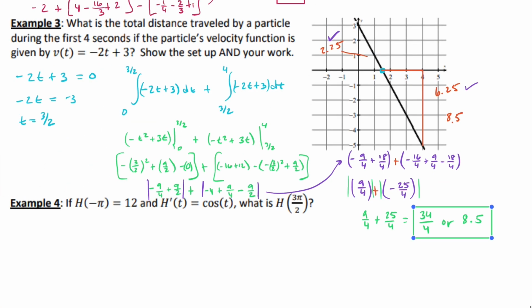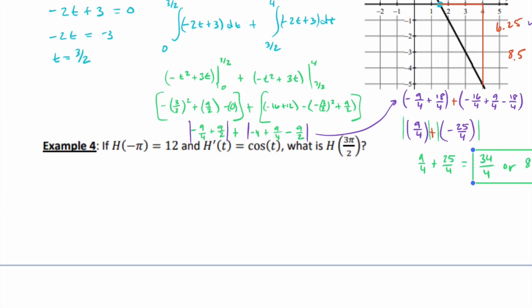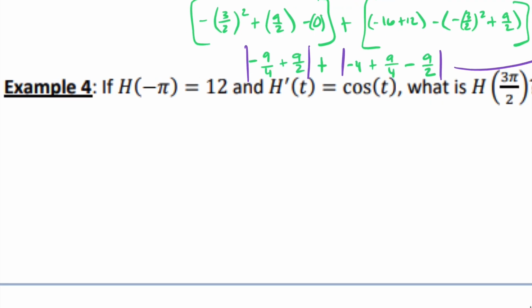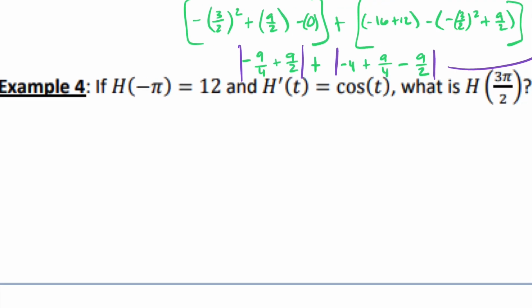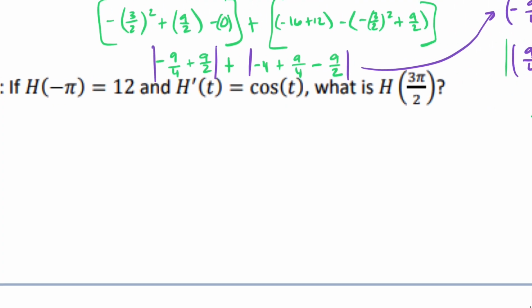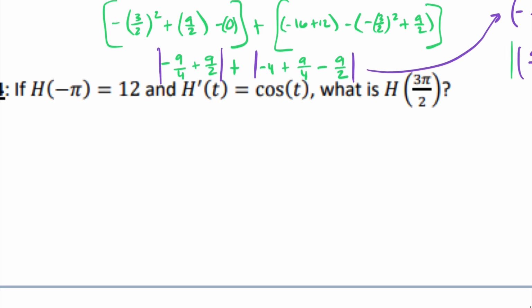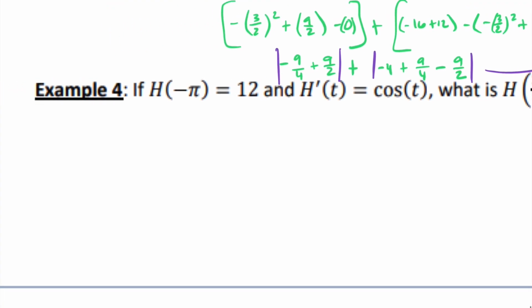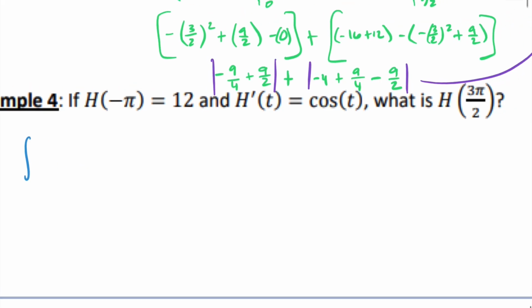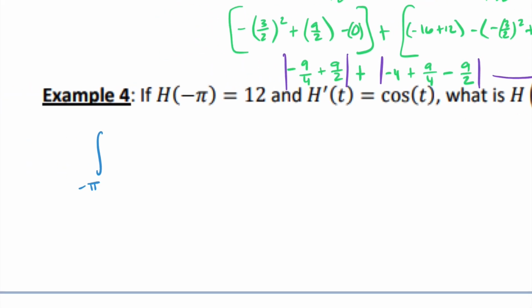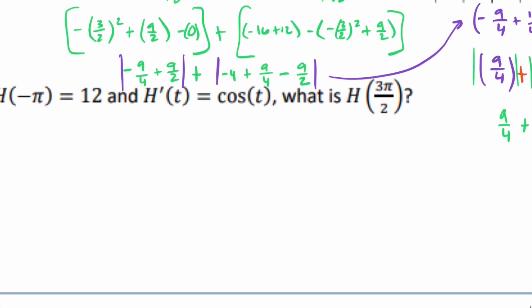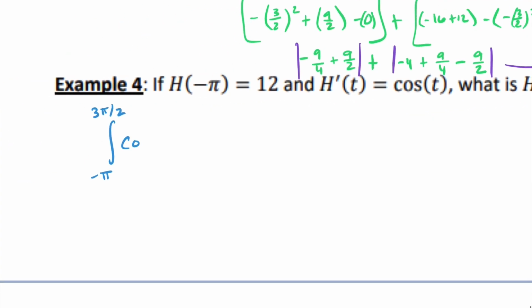Boom. All right. Next one here, this is kind of the same setup. If H, capital H, of negative pi is 12, and H prime of t equals cosine of t, what is H of 3 pi over 2? So we want to know the accumulation from negative pi to 3 pi over 2 of the cosine function.